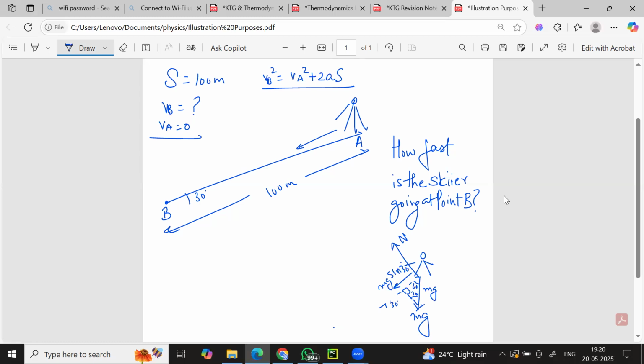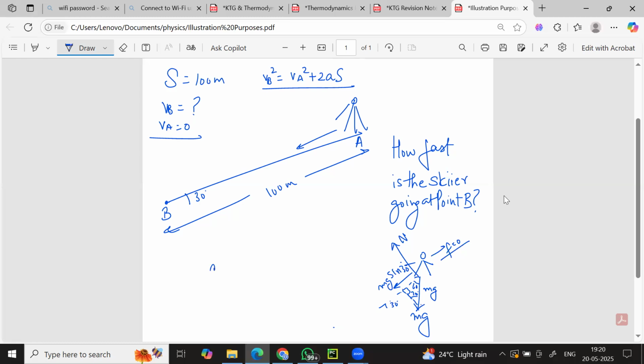Hence mg times sine 30 is the component of weight along the sliding direction. I'm going to assume there's no friction because skiing is happening on snow, so I'm going to assume a zero friction force. If that were not the case, I would have to consider the normal reaction and the coefficient of friction, but in this case, that's assumed to be zero.